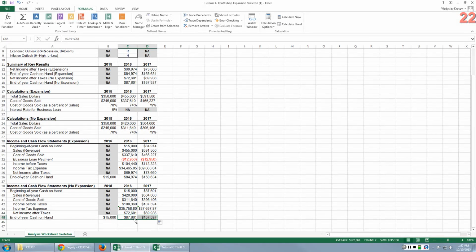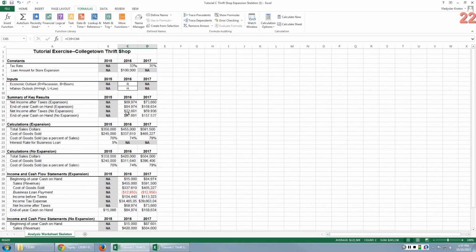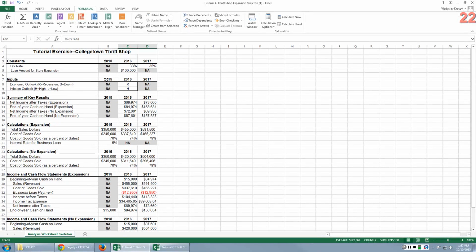Okay. So we built our model, and now it shows income in cash, and later on income in non-cash basis, and cash reserves that we have at the end of the year as a result of expansion or no expansion, and also given various input factors that we have: the tax rate, the loan amount, the interest rate, inflation outlook, and economic outlook.